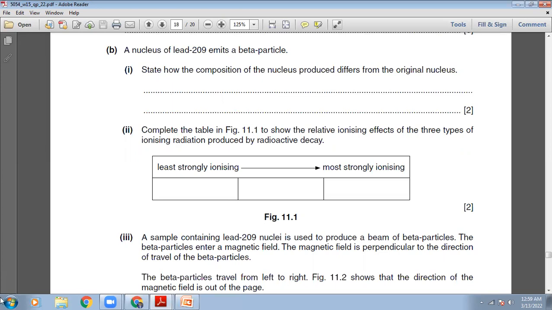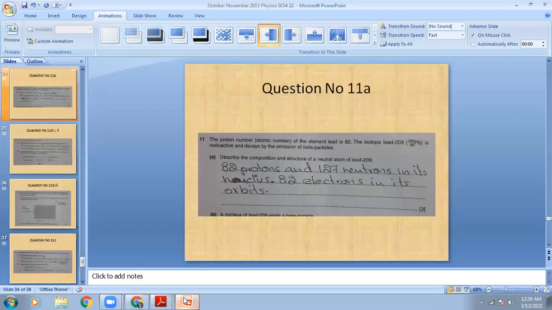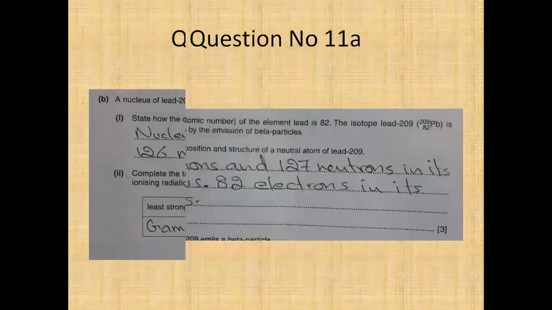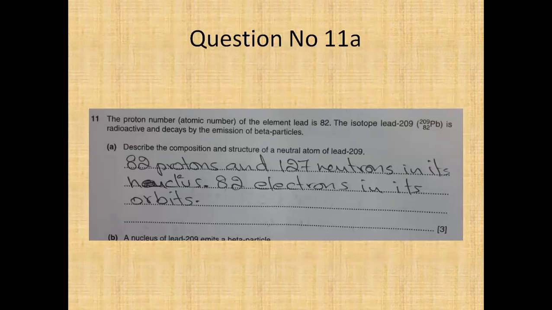So let me show you my written answer. The nucleus produced will have 83 protons, 126 neutrons, and the nucleon number will be 209.